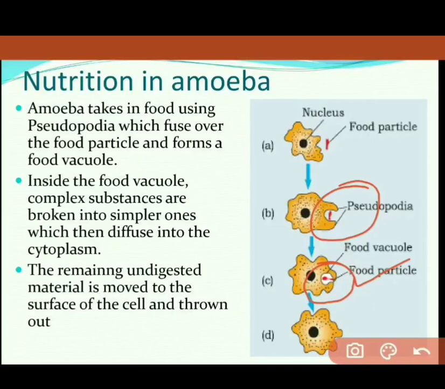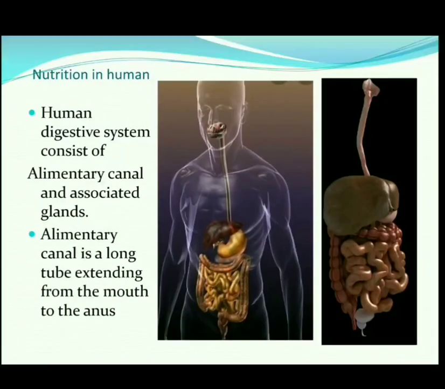Inside the food vacuole, complex substances are broken into simpler ones, which then diffuse into the cytoplasm. This is called the cytoplasm. Finally, the undigested food is moved out through the surface of the cell and thrown out. This is the nutrition in amoeba. Even in other unicellular organisms, the same kind of nutrition occurs.